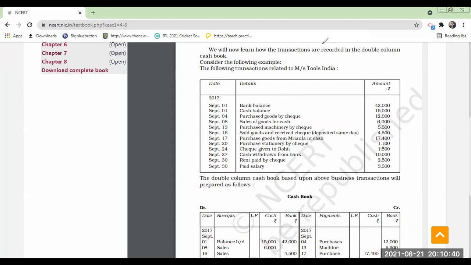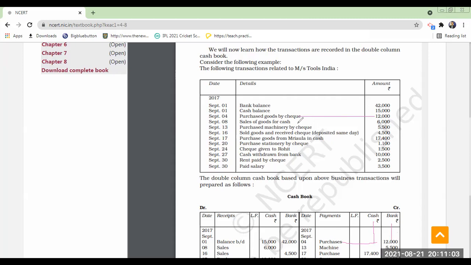Right. Now come to next. Did you understand it properly? By purchases you have to mention it on the credit side, but it is not a cash payment. You issued a check, which means bank balance will reduce. That is why you have to write in the bank column.